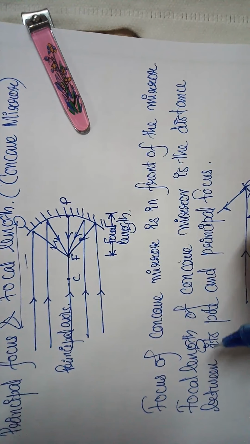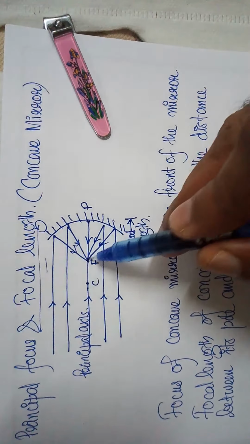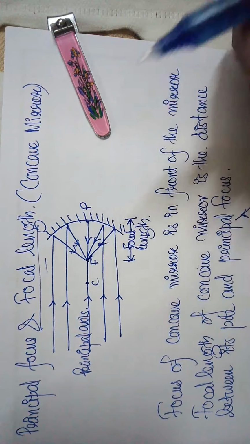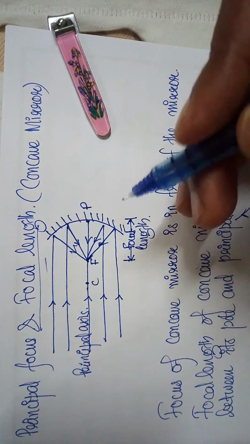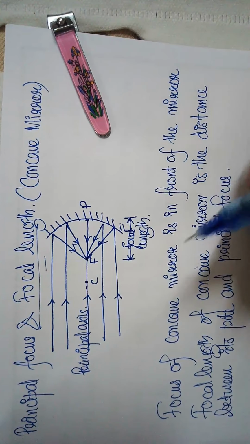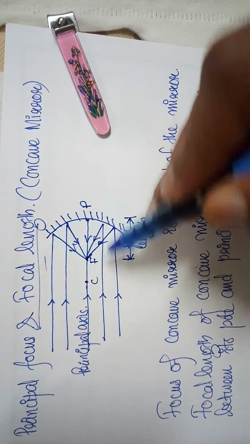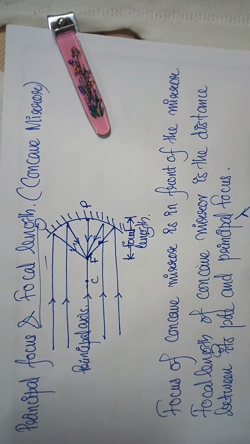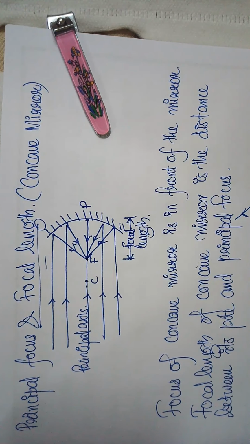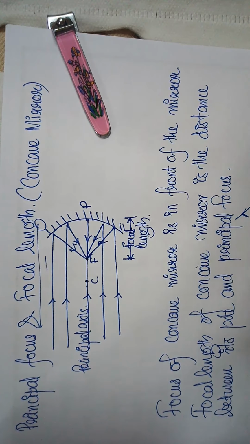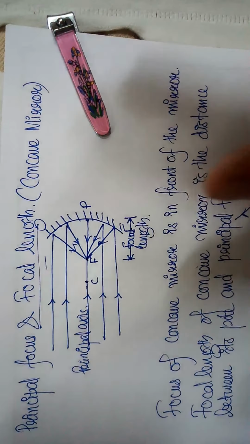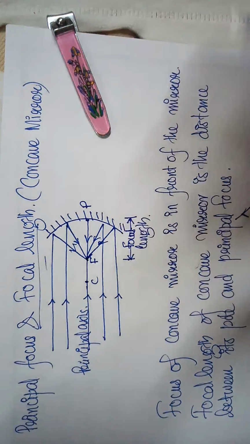The focus of a concave mirror is in front of the mirror, so it is a real one. By that property, we can converge the sunbeam onto a paper, and we can burn that paper also.